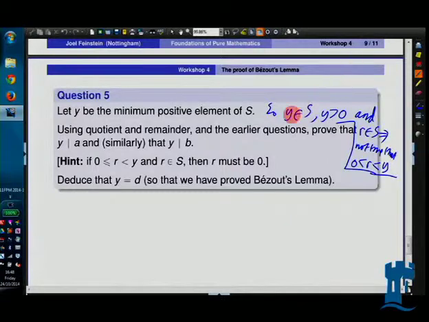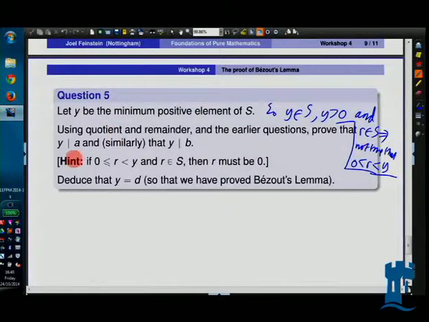You see, y is the minimum positive element of S. So yes, y is in S, yes, y is greater than 0, but there's nothing between 0 and y in S. So any r in S can't be strictly between 0 and y.